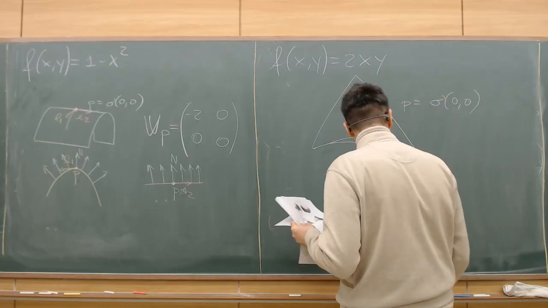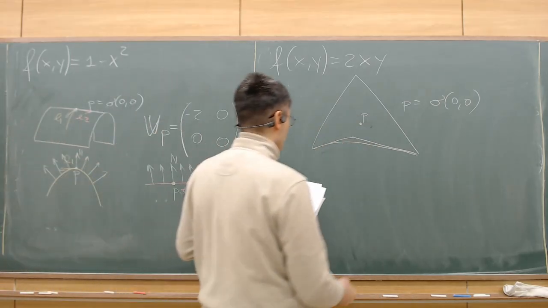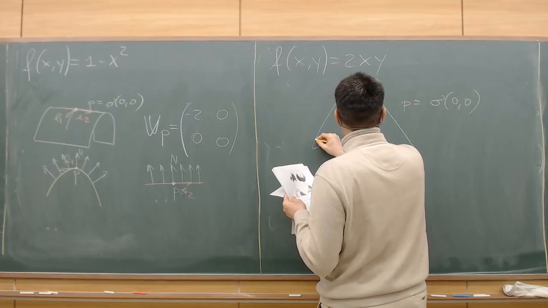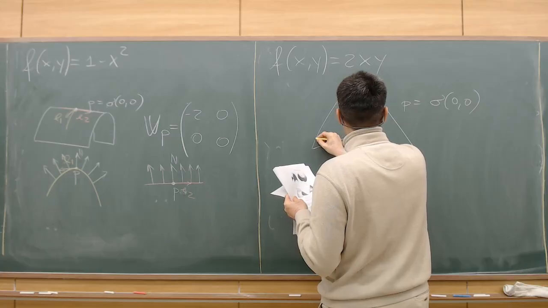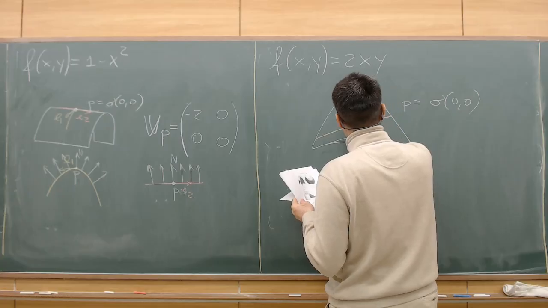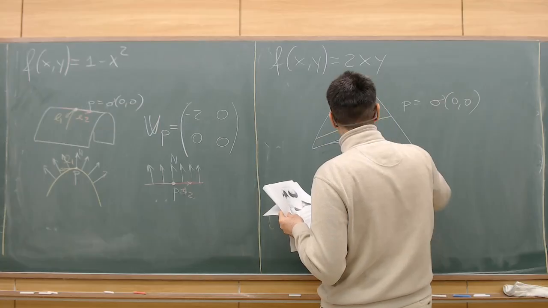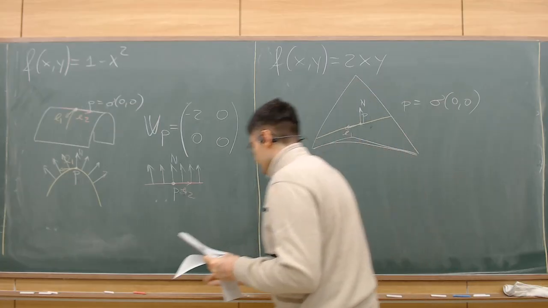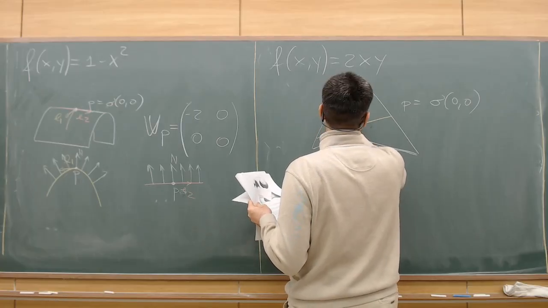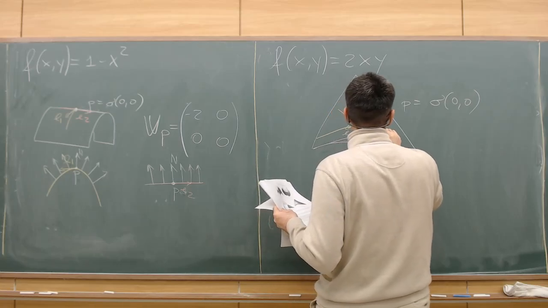This time the yellow curve is like this. This is E1, this is N, and the red curve is like this, E2.